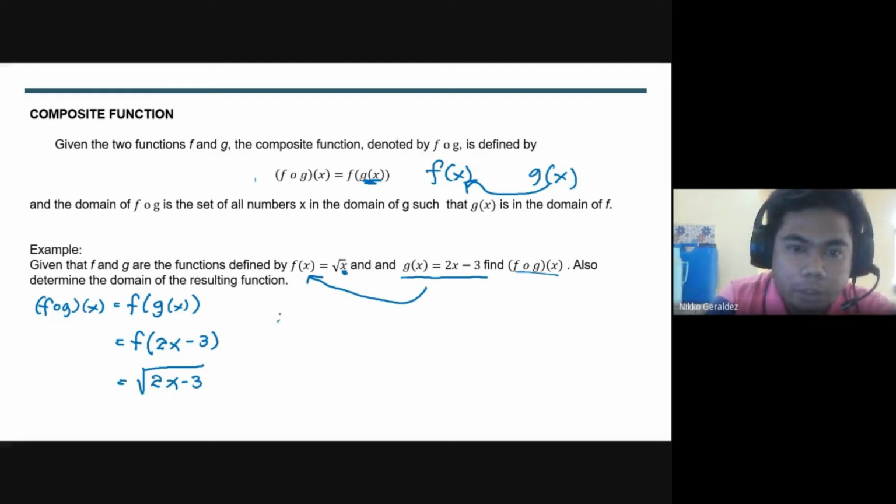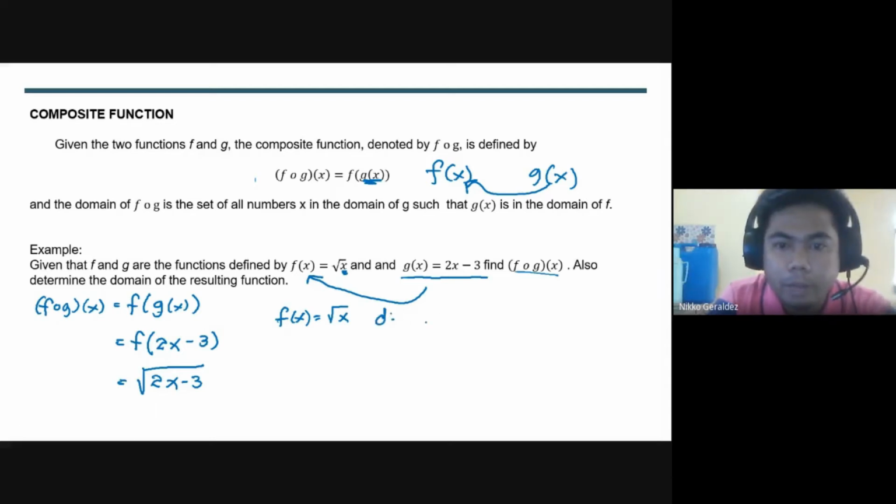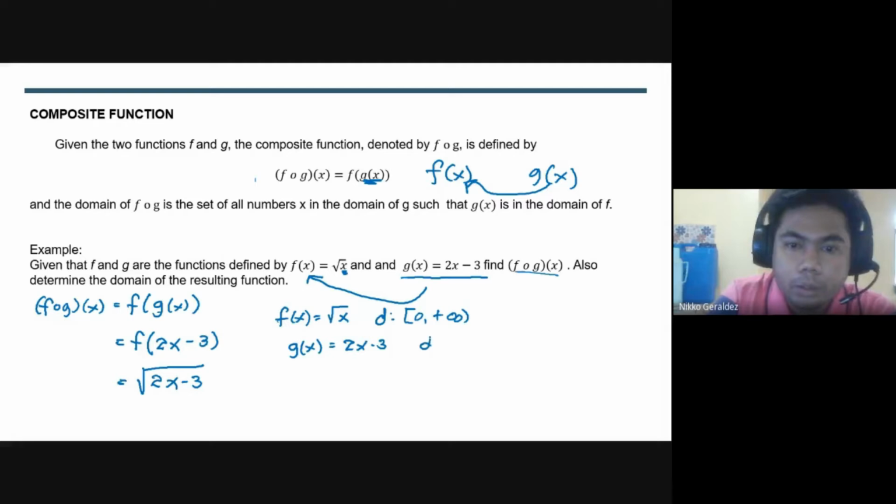So, yung first function natin, f of x equal to square root of x. Ano domain nito? Square root of x, so that is 0 to positive infinity. G of x, so 2x minus 3.